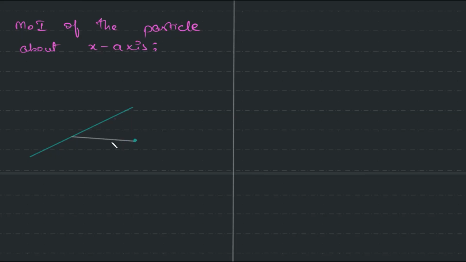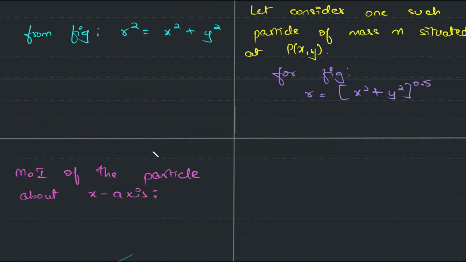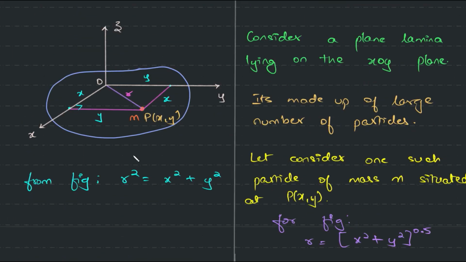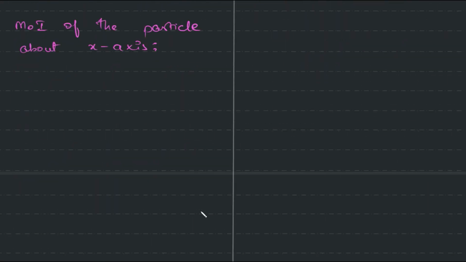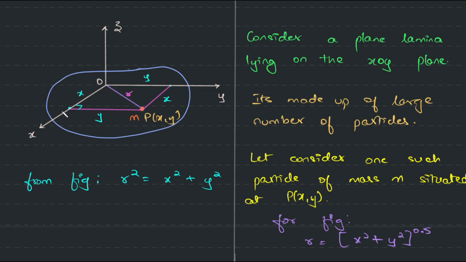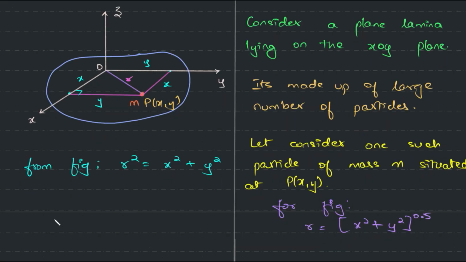Remember, this is the x-axis. This will be y, is it not? See, this length is y. That's important for us to know because many people get confused. So from this axis, the x-axis, the distance to the particle is y.